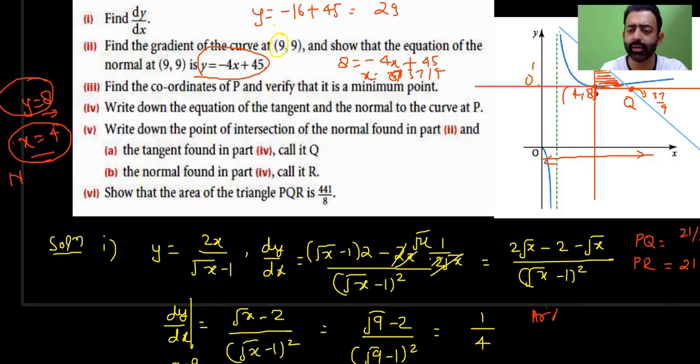Area of triangle is half your base is PQ and height is PR. That means half PQ is 21 by 4 and PR is 21. So it is nothing but, let me write it here.